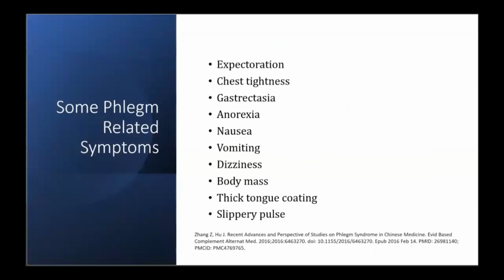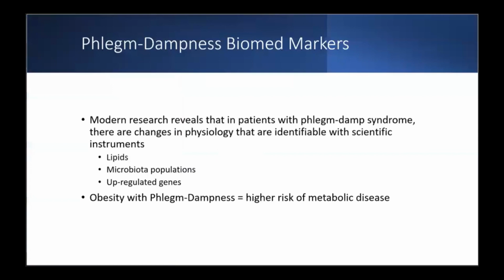Phlegm-related symptoms: expectorating, tight chest, gastrectasia, anorexia, nausea, vomiting, dizziness, body mass changes, a thick tongue coating, sticky, slippery pulse. These are all things that are more associated with this phlegm picture, where you've gotten a little bit more pathologic than just dampness. You've gotten into phlegm dampness, where it's even more concentrated.